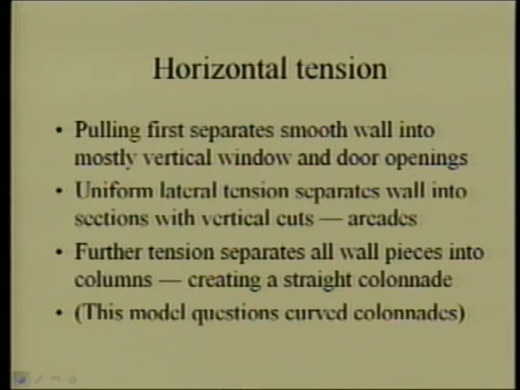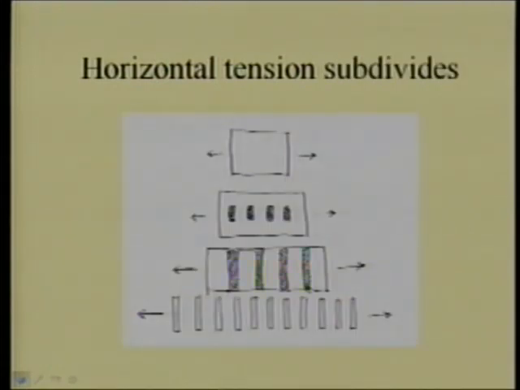So here I have identified a colonnade with straight pull, and this creates a question about curved colonnades, which in my opinion do not work as well as straight colonnades for this reason: the model for curved colonnades combines two things that are incompatible, but this is not the place to discuss that. Here is a sketch of that model.